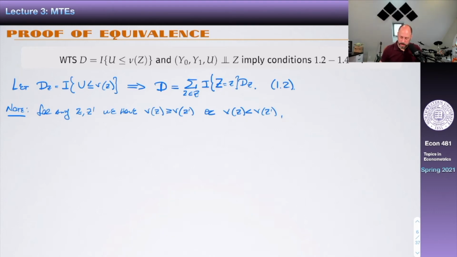Then the indicator of U less than or equal to b of z is going to be less than or equal to the indicator of U less than or equal to b of z prime, and this is D_z prime. I'm just focusing now on this case. If it's not this case, you can do the other direction, of course.